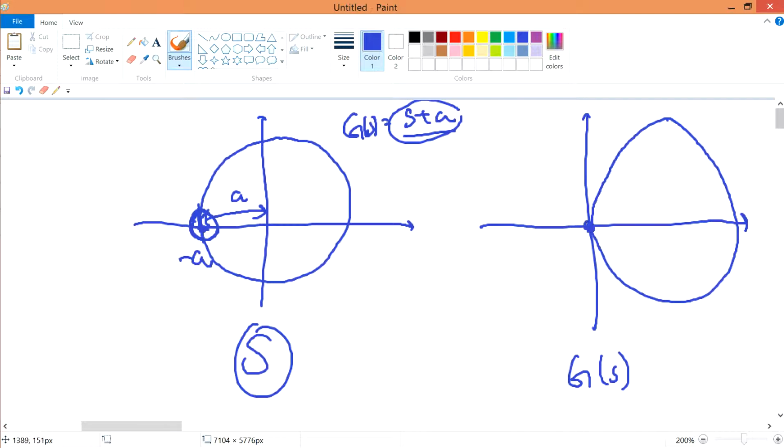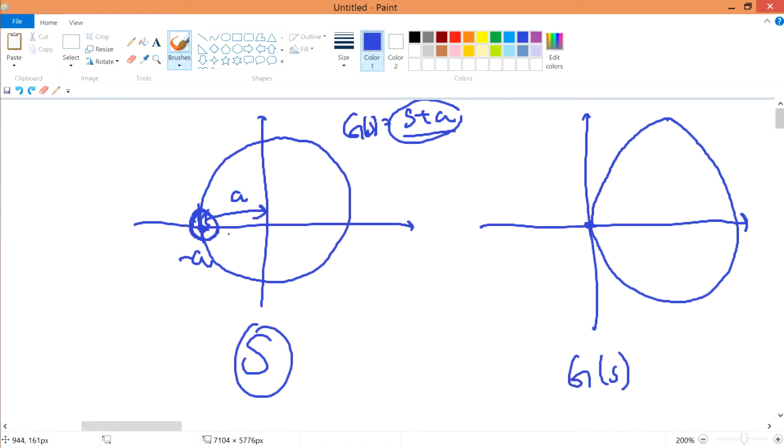This minus A may be within this loop, it can be anywhere, as long as it is in the contour. So I translate into the origin over here. In other words, I'm translating this point to this point, and we call this the mapping, correct?